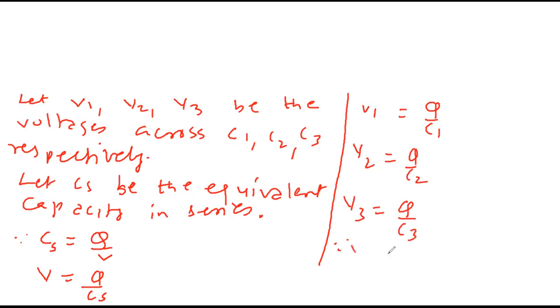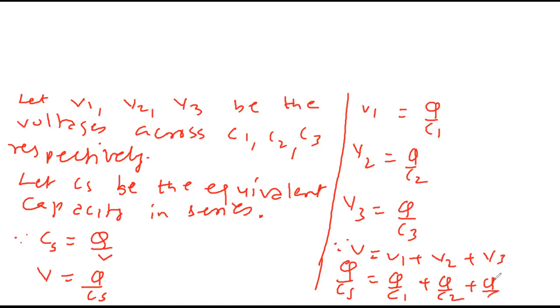But total voltage is V1 plus V2 plus V3. So this will become Q upon Cs equal to Q upon C1 plus Q upon C2 plus Q upon C3. So Q upon Cs equals Q common, 1 upon C1 plus 1 upon C2 plus 1 upon C3 in bracket.